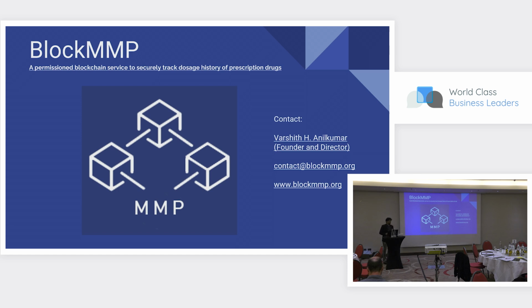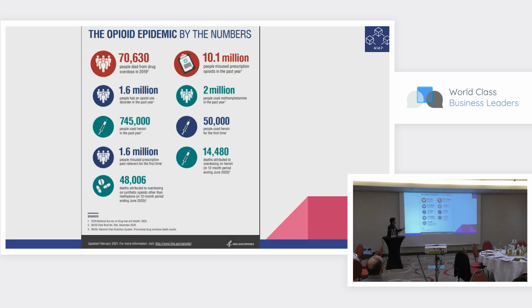So before I actually dive into BlockMMP, I just want to give a brief overview of the opioid epidemic in the United States. So these are some of the figures which were given out by the United States Department of Health and Human Services. And as you can see, these numbers are pretty shocking.